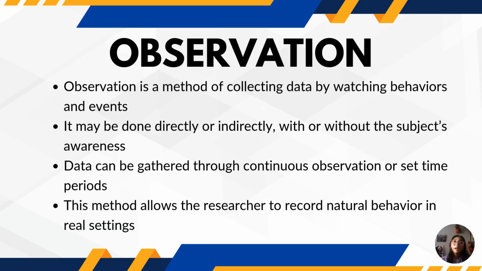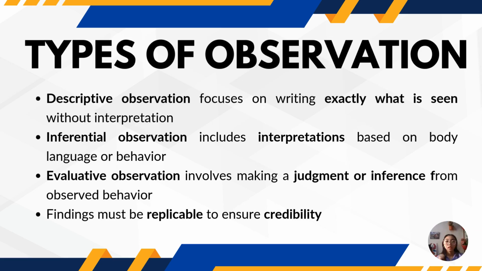Data can be gathered continuously or at specific time intervals depending on our research design. This method is particularly used in classroom-based action research where natural behavior and interaction are important sources of our data. Let's proceed with the types of observation.